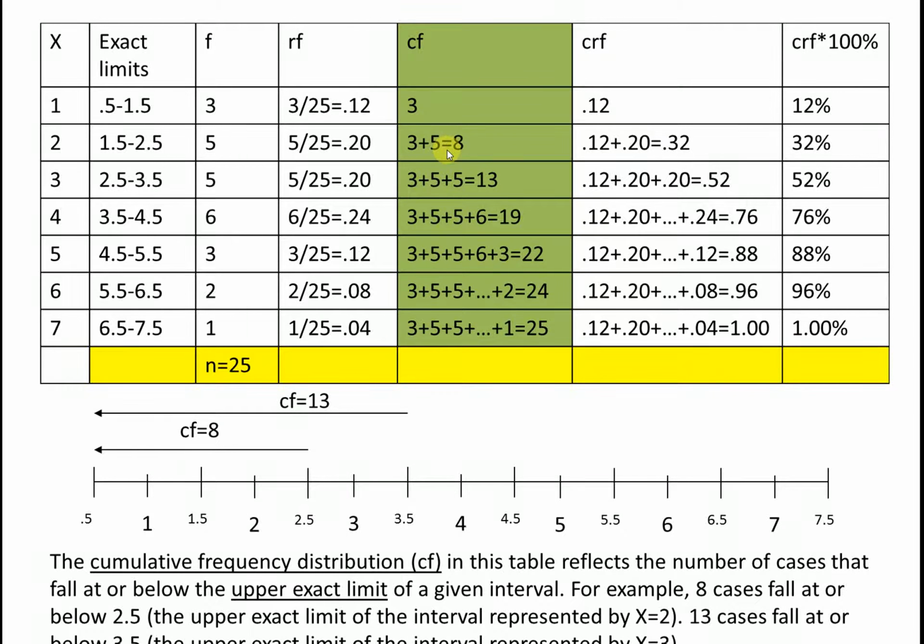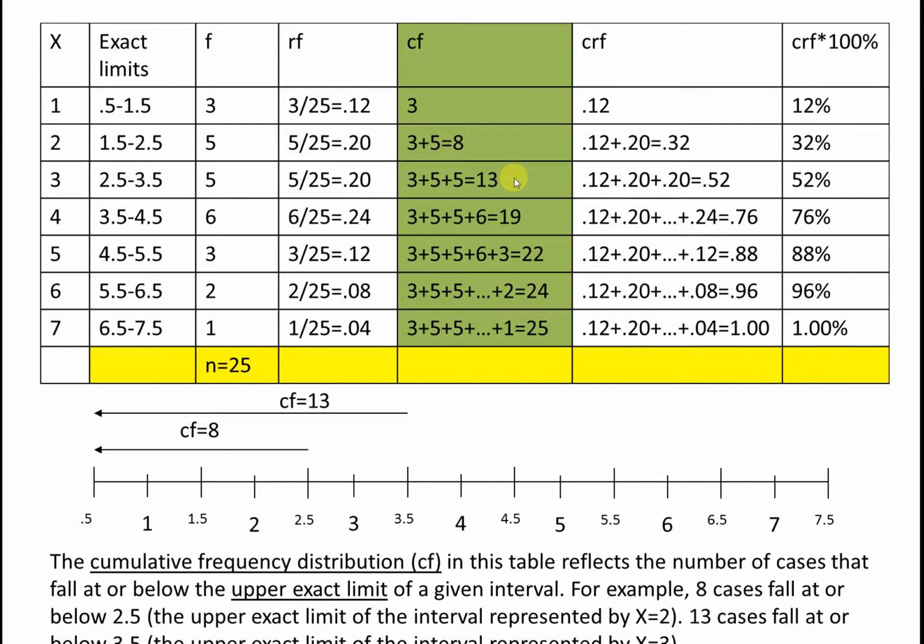The cumulative frequency for the next interval is computed by taking these two and adding them together. So we take the 3 that was a cumulative frequency in the preceding interval and add the 5, which is the frequency of this interval, and that would get us a cumulative frequency at 2.5 of 8. Then if we take that 8 and add the frequency from the next interval, which falls between 2.5 and 3.5, we end up with a cumulative frequency at 3.5 of 13.